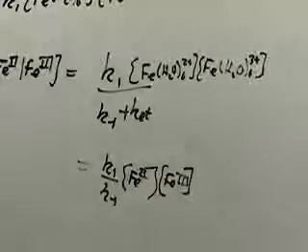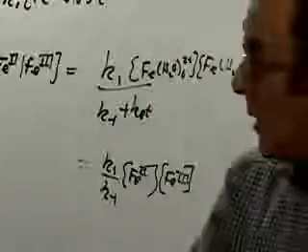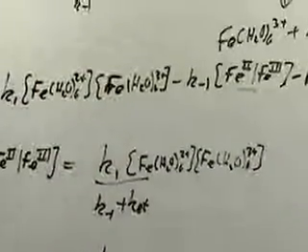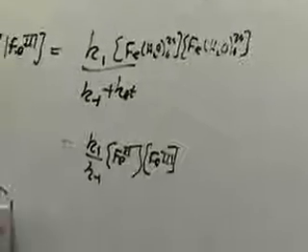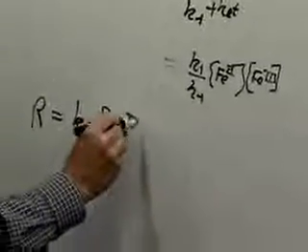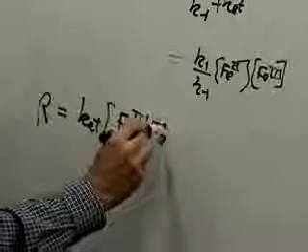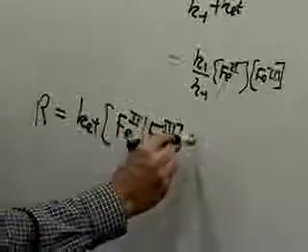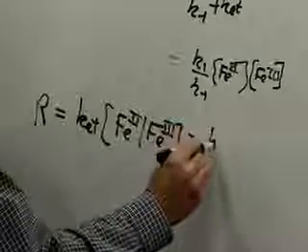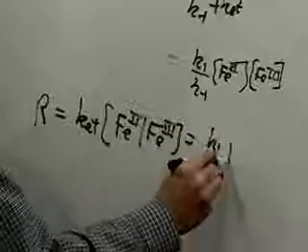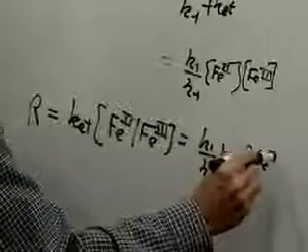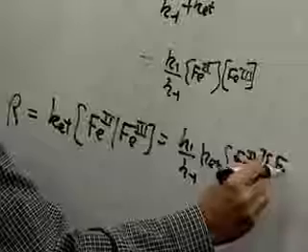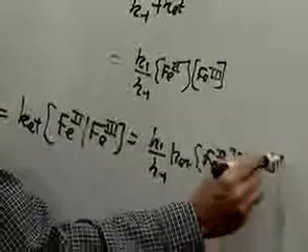And the rate of the overall reaction is going to be just the rate of this step. So the rate of the overall reaction is going to be KET times [Fe2,Fe3], which is going to be K1 over K minus 1 times KET times [Fe2][Fe3].